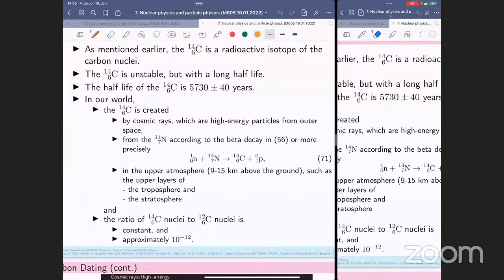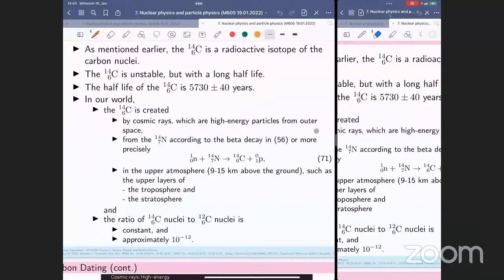The carbon-14 is the main feature for us in this scenario. Carbon-14 is the key feature, which is generated in our atmosphere because cosmic rays are high energy particles from outer space.